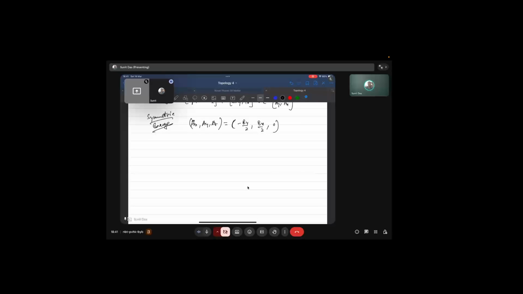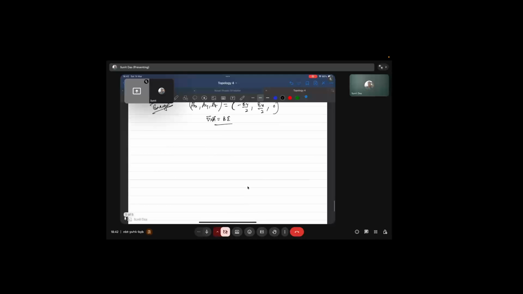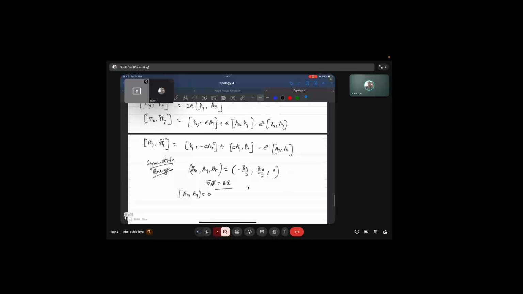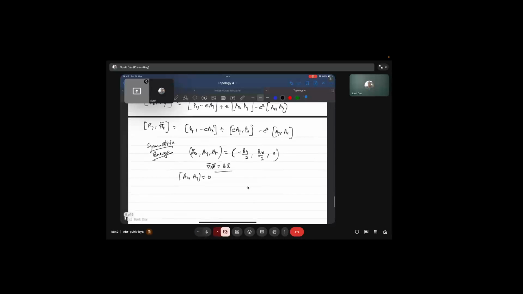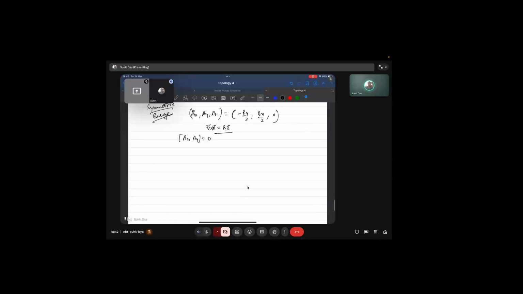You can check that the curl of this A will give simply B z cap. We just checked that. The commutation of A_x and A_y will be 0, because x and y commute.